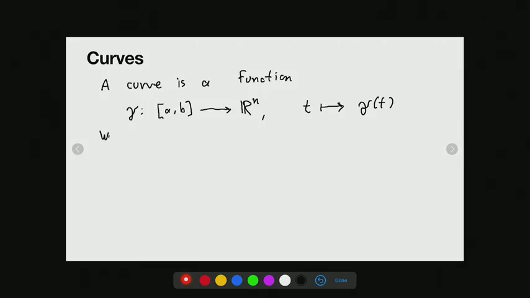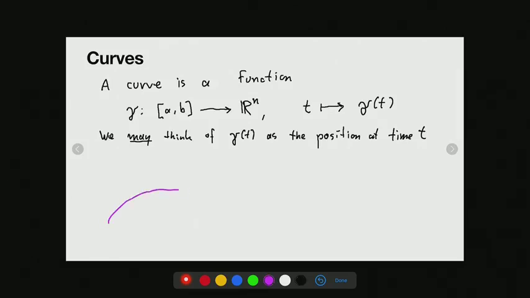We may think, you don't need to, but we may think of gamma t as a position at time t. Sometimes that's helpful, sometimes it's less helpful, but maybe as a starting point it's helpful for you. We may think of gamma t as like the position on this curve at time t.